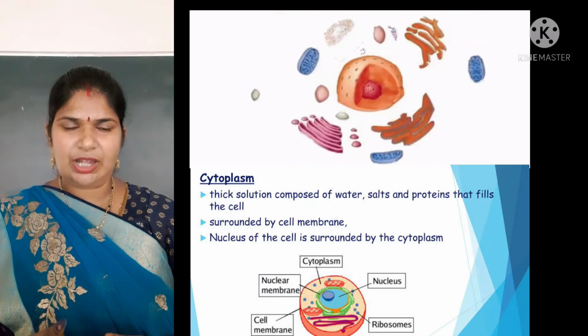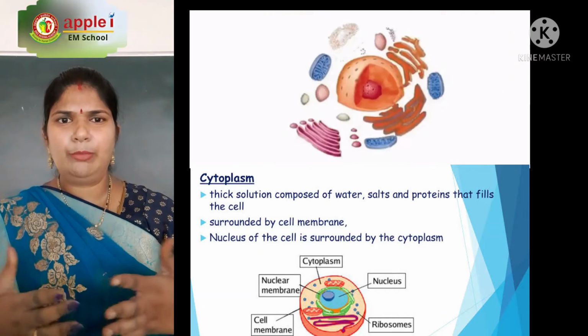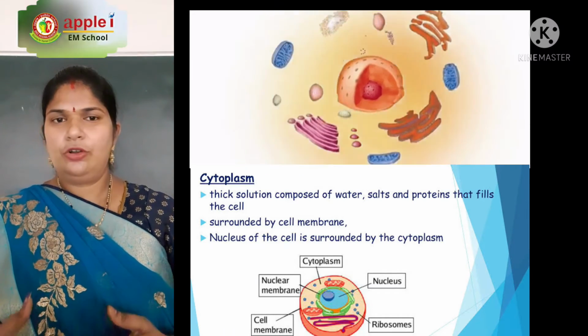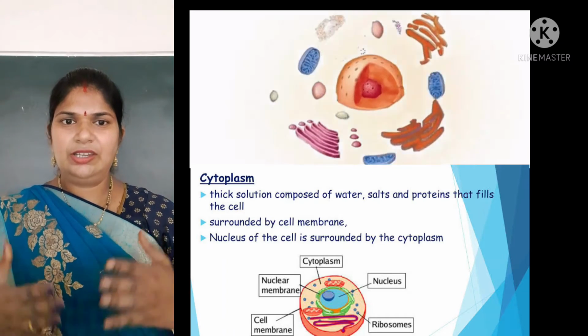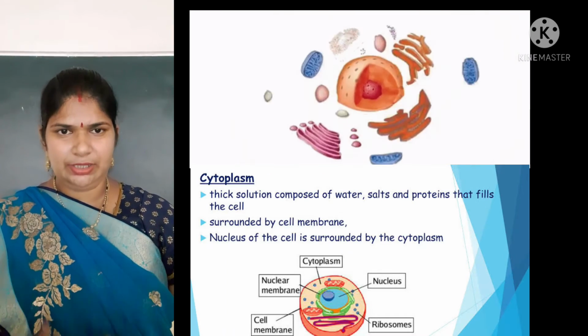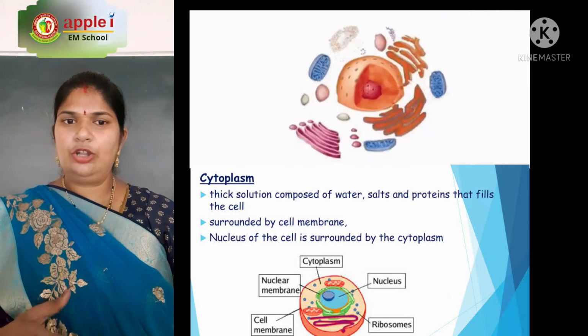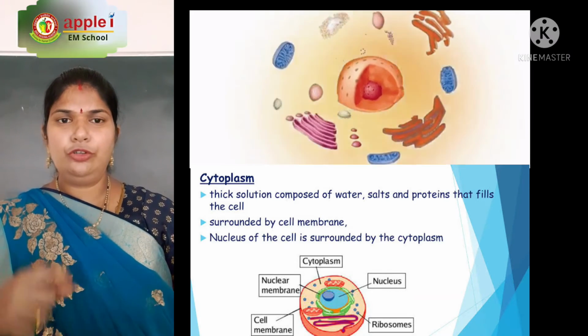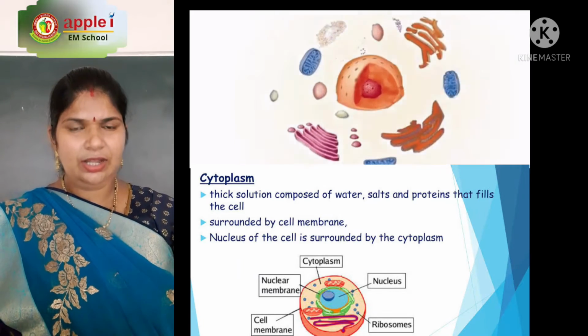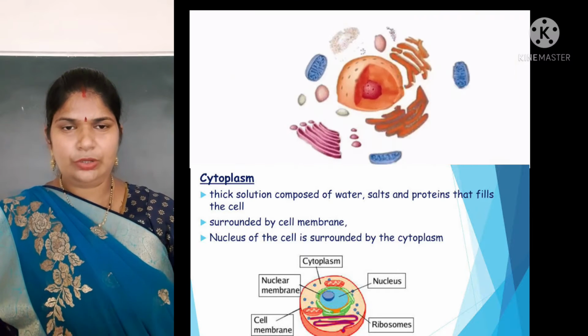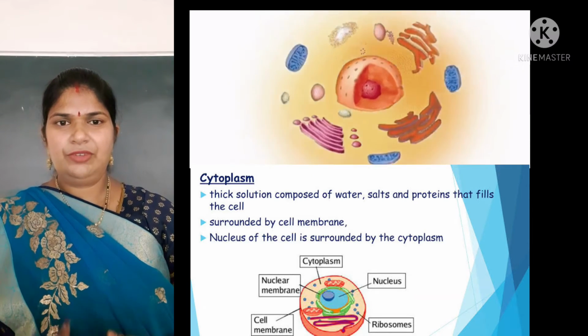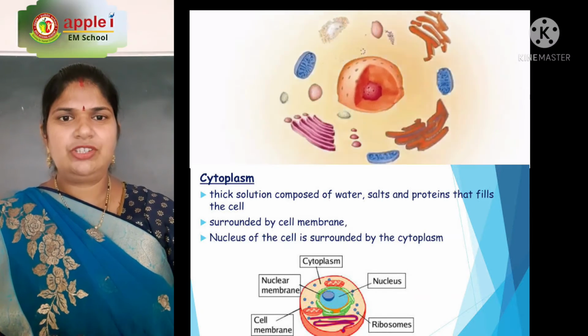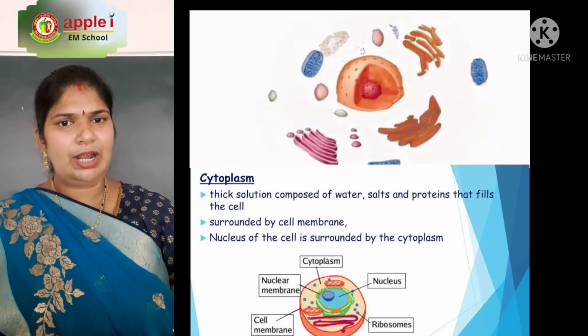In the cell cytoplasm we have many cell organelles, whose functions differ from one another. Along with that we have the nucleus in the cell cytoplasm, which is also an important part of the cell.